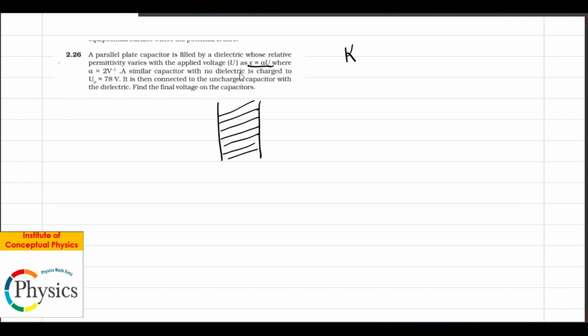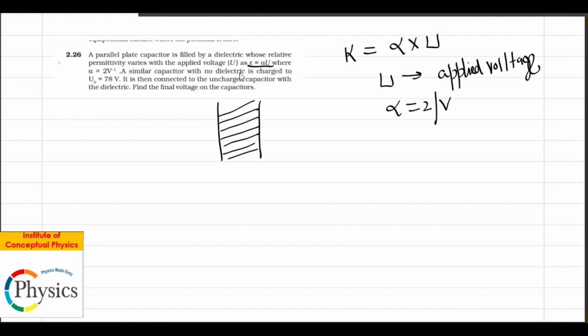So K is written as alpha into U, where U is the applied voltage, and alpha is some number which is equal to 2 per volt. Which means K is not a constant, K is a variable.